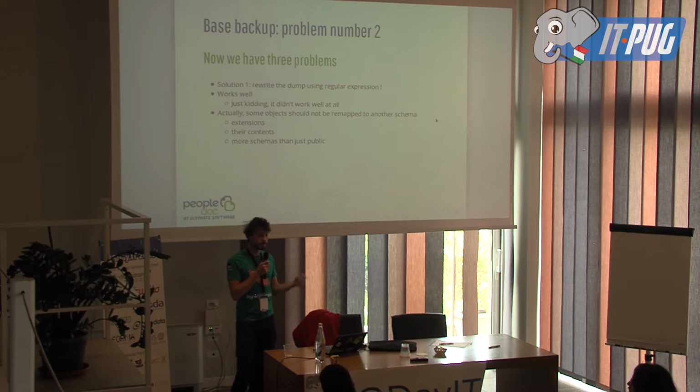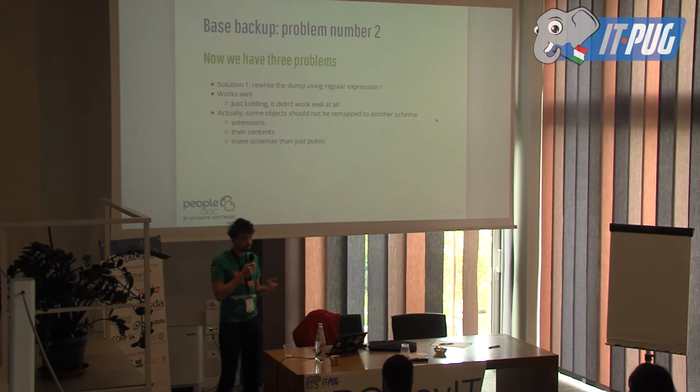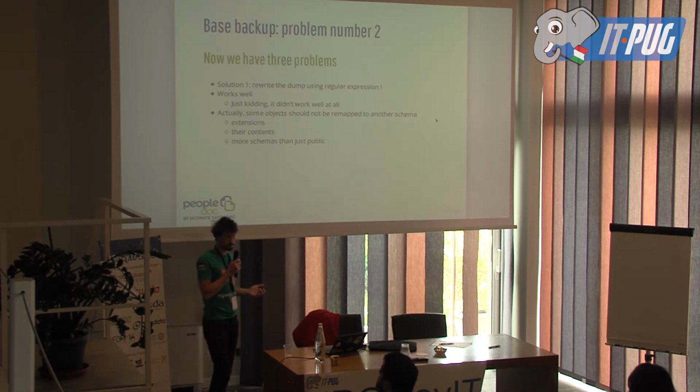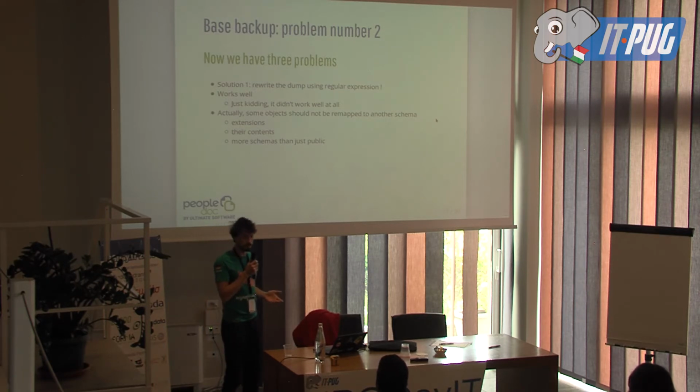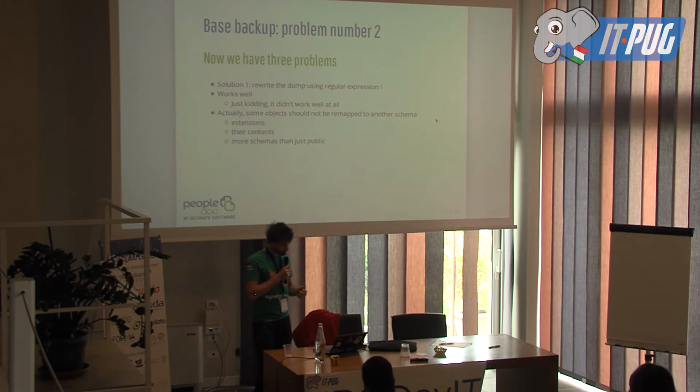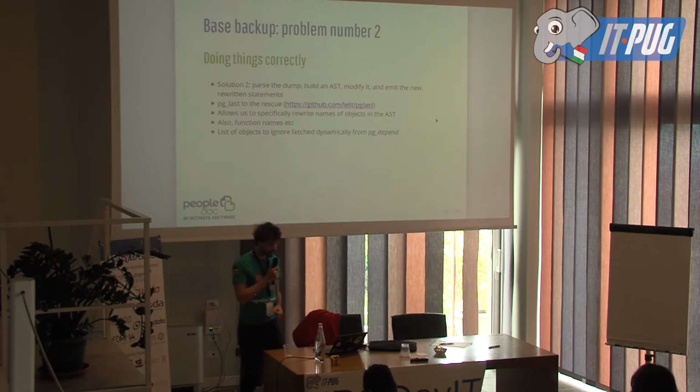So we can't create the hstore extension only in the schema belonging to database 1. We need to keep this extension in the public schema because every extension can only be created once in a database. So we had to tweak this a bit because we had to keep track of many things that we didn't want to rewrite.